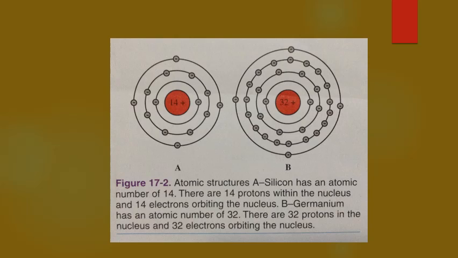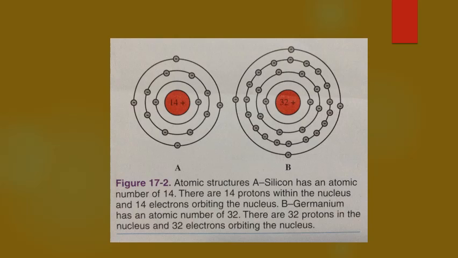Atomic characteristics. Diagrams of the atomic structures of silicon, Si, and germanium, Ge, are shown in figure 17-2 on your screen. Silicon is in great supply. It makes up 28% of the Earth's surface. The atomic number of silicon is 14.